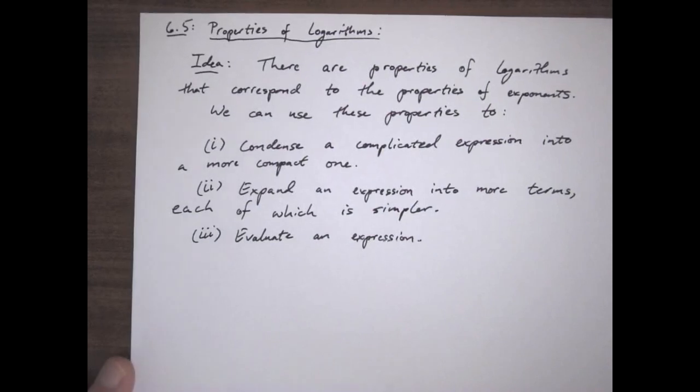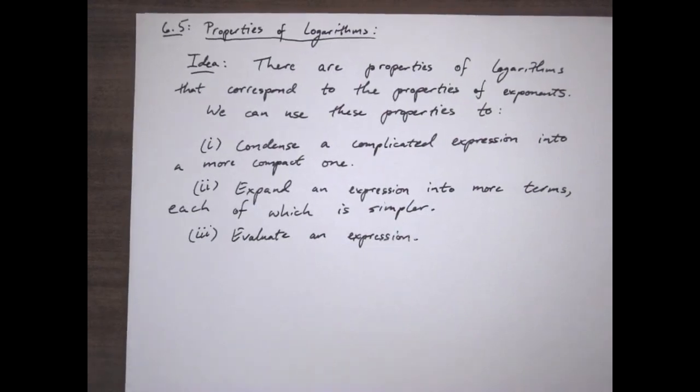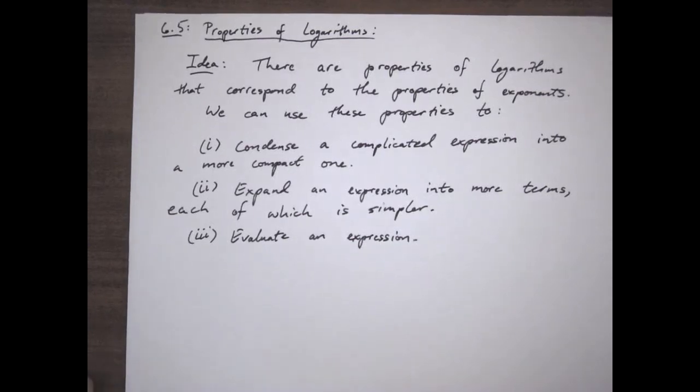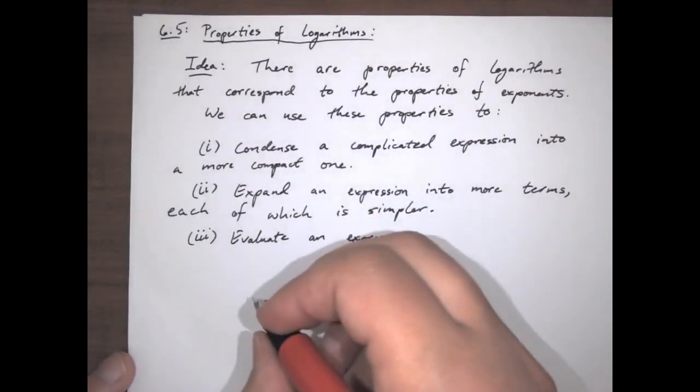So depending on what exactly we're dealing with, we can either write it in a more condensed way, a more expanded way, or we can actually just get a straight up value out of it.